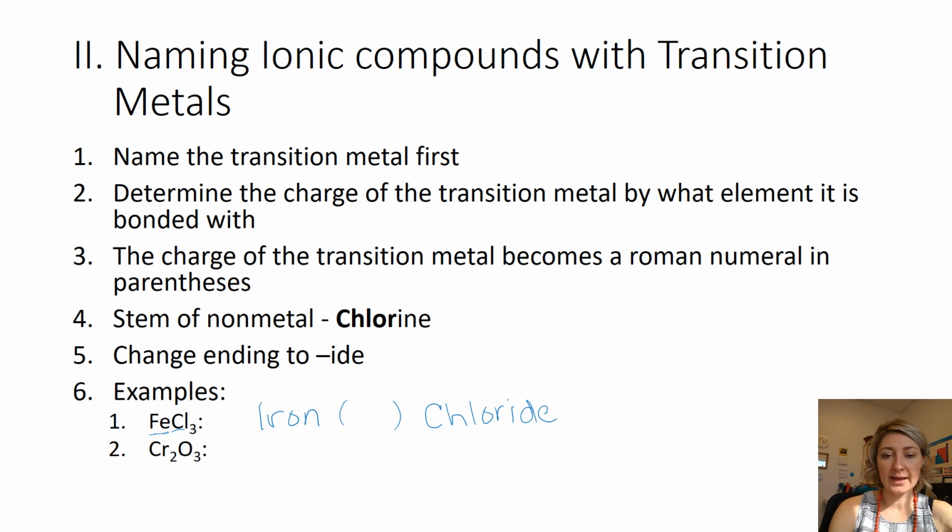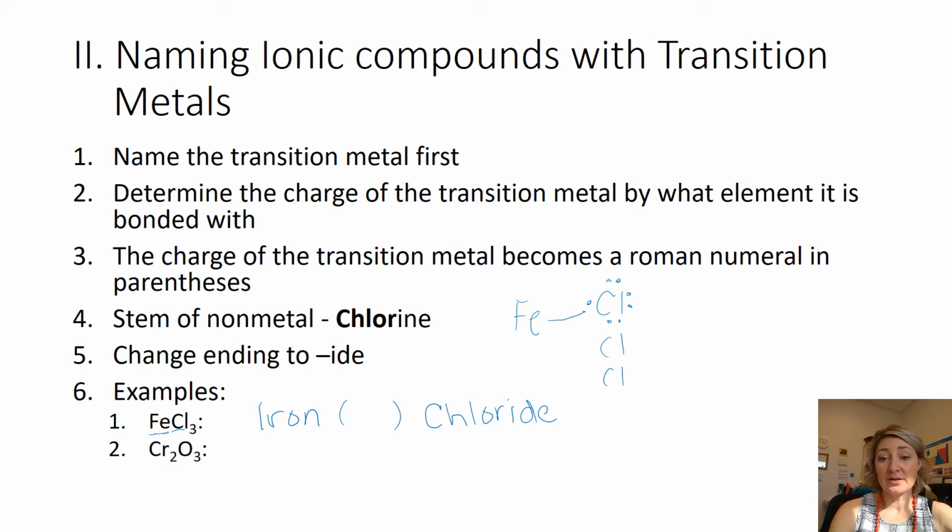So looking back at my formula, I have 1 iron bonded with 1, 2, 3 chlorines. Each of those chlorines has 7 valence electrons, and I'm only going to show you this on the first to save some time. Okay, so I know that each of these chlorines can take on 1 valence electron.